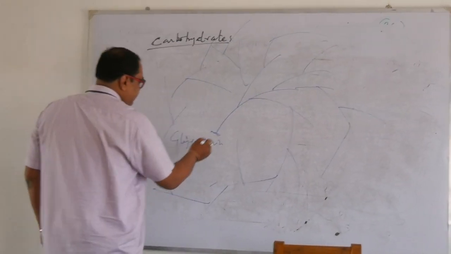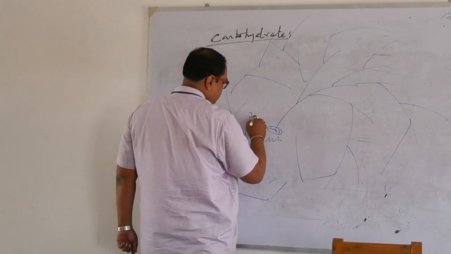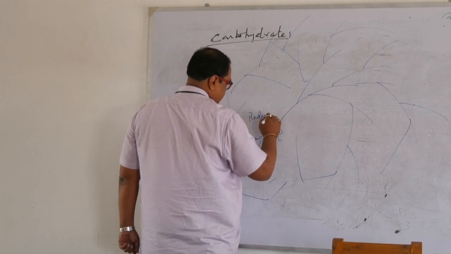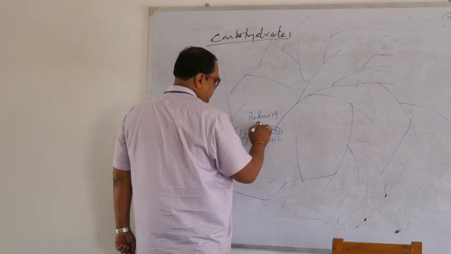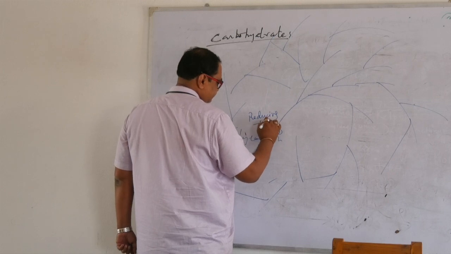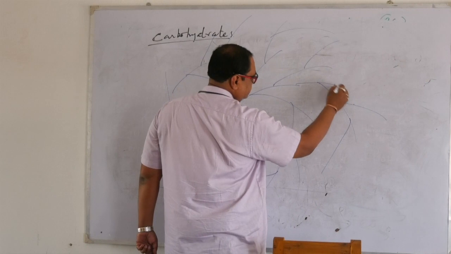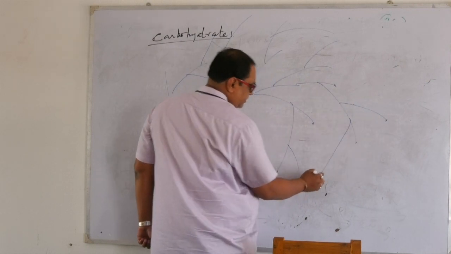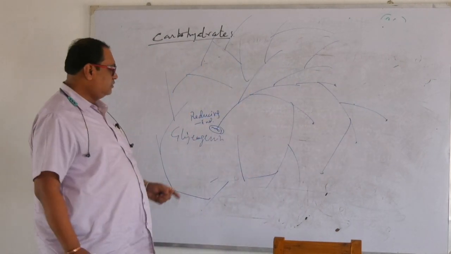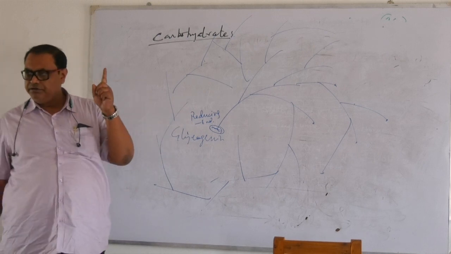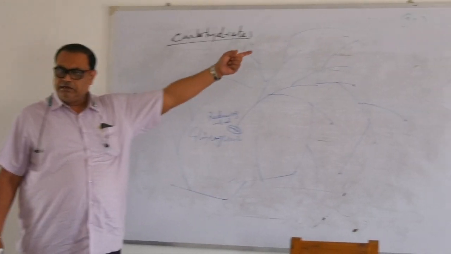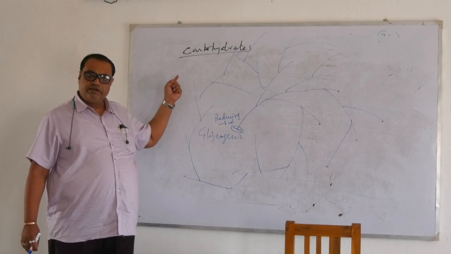This particular end is the reducing end, and all these other ends are non-reducing. So in one molecule we have only one reducing end and numerous non-reducing ends.